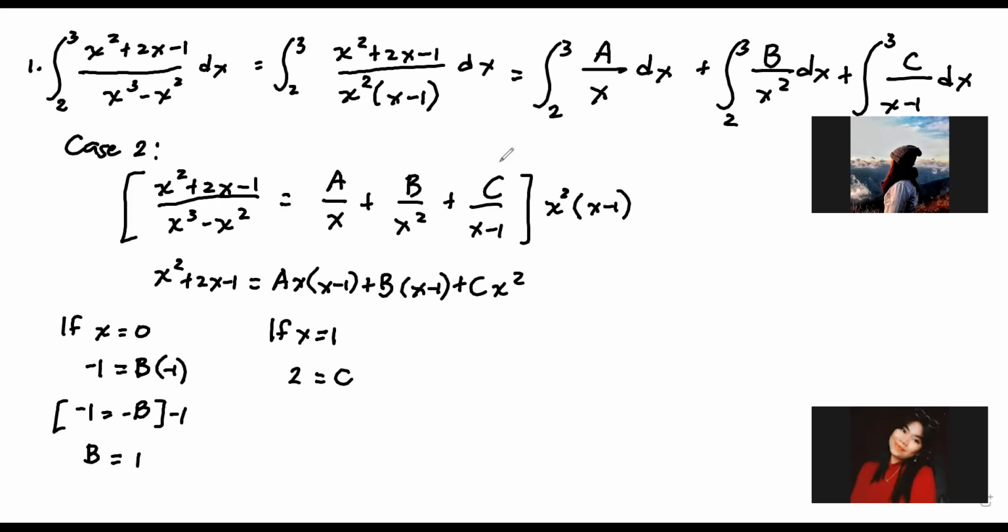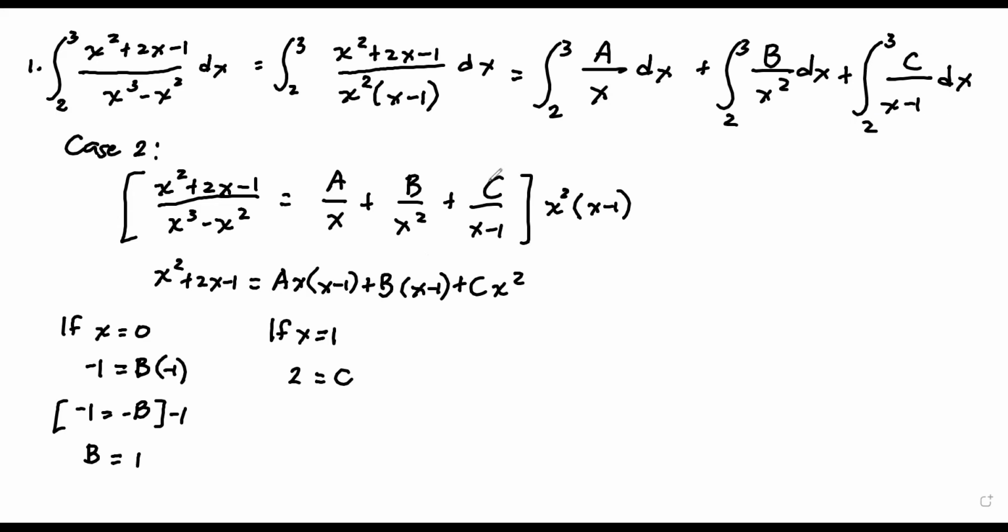Yan pong tatlo, yung denominator. Pag kinuha yung LCD po, magiging x cubed minus x squared po, ito pong nasa labas, minus x squared. Ito po yung sa A, B, at C, magiging x raised to 4 minus x cubed.